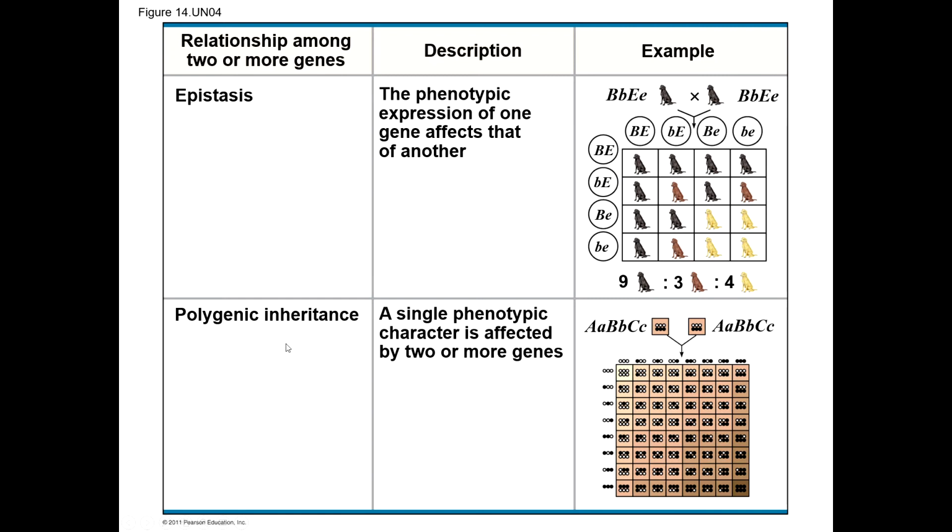And polygenic inheritance, this is where one trait is influenced by many genes. Poly means many, genic means genes. So you can have many genes. In the case of skin color, maybe 3 genes influencing those traits. And that wraps up some of the exceptions to Mendelian genetics.